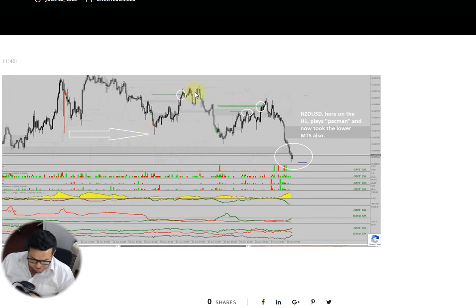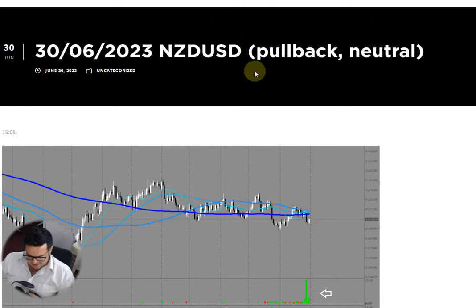Upper target filled to the pip, pullback. Upper targets filled to the pip, pullback. Lower targets filled. I mean, come on. Can you see what I mean? Nothing of this repaints. Nothing of that comes delayed. It comes real time, all right?